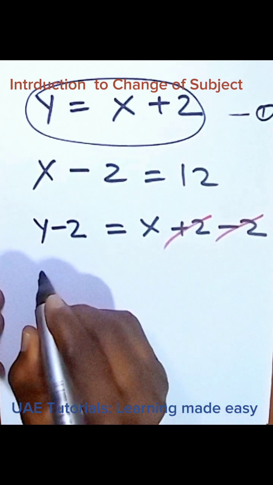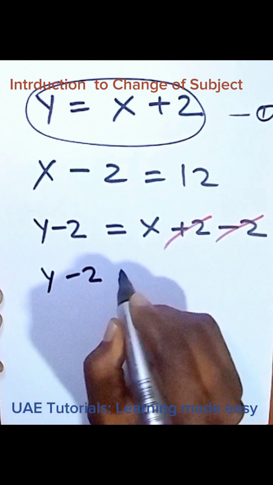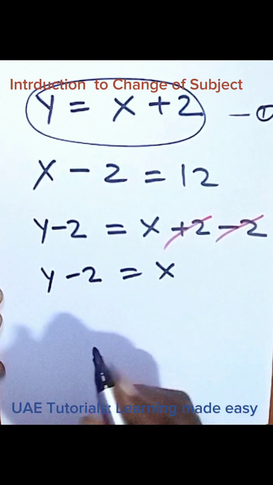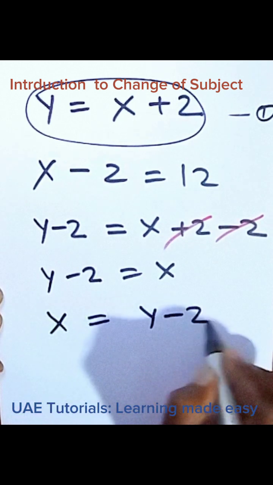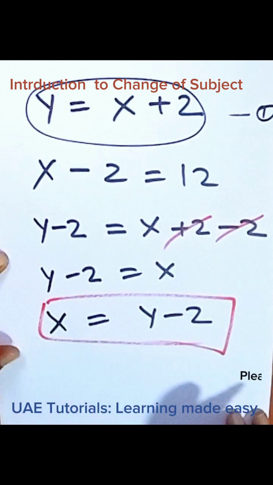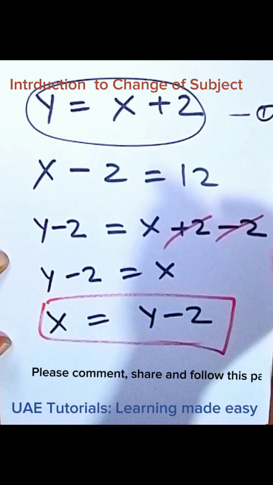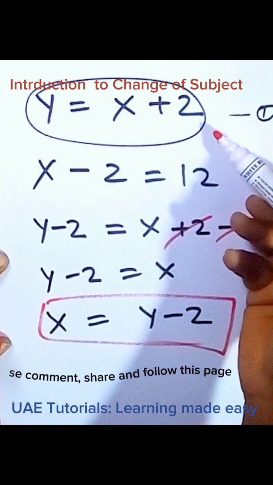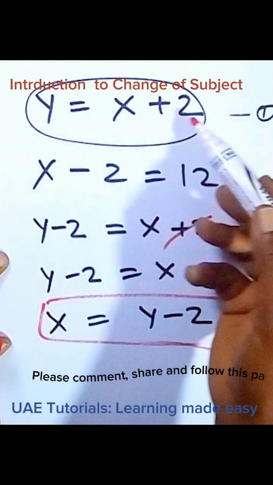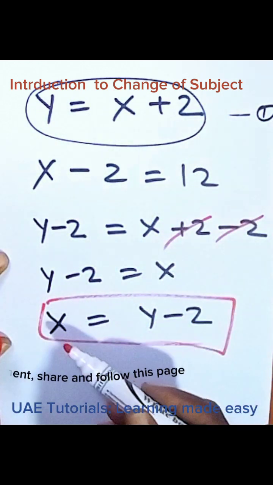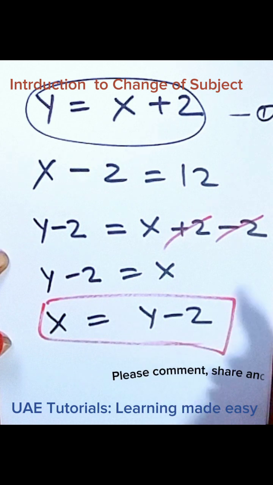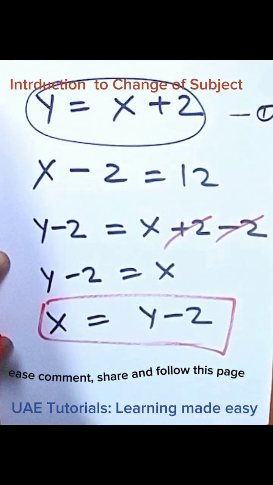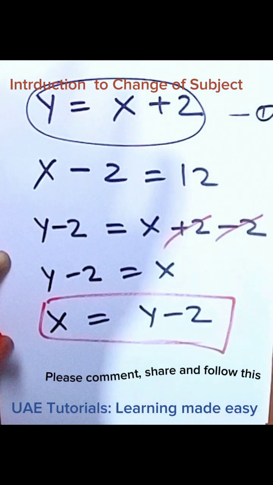So we'll now have y minus 2 equals x, or simply x equals y minus 2. So with what we have done, we have changed the subject of this formula from y equals x plus 2 to now x equals y minus 2. Very easy, isn't it? Yes, so this is just a simple introduction to changing the subject of the formula.